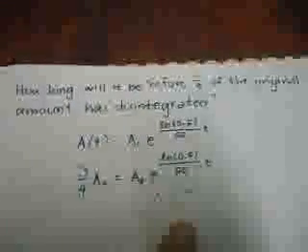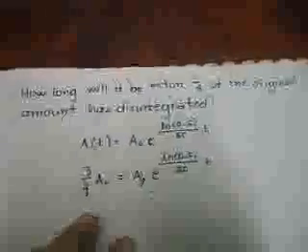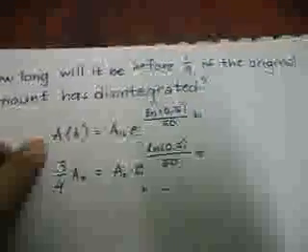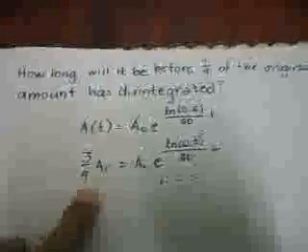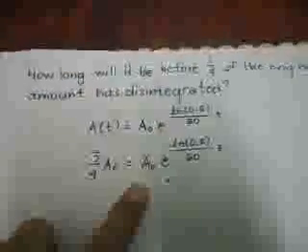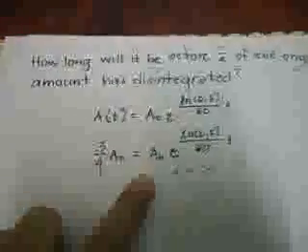So when we say 1/4 of the original amount has disintegrated, it means that 3/4 of the original amount remains. So remember that A here represents the amount remaining, not the amount that has disintegrated. That's why we have here 3/4 of A naught is equal to A naught times e raised to the power of k times t.